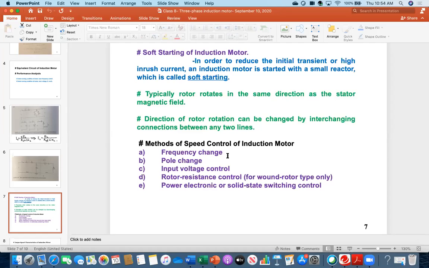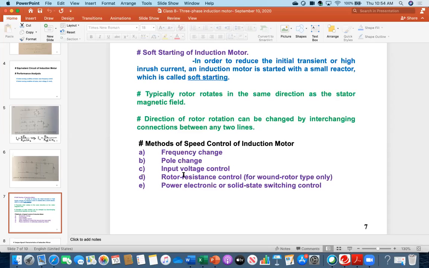In real practice, there are some options: you can change this amount of coil or that amount of coil, with some switching. Accordingly, your pole number will change. Pole number could be 4, 6, or 8, and accordingly the speed will change. Frequency change and pole change you can realize from that equation, ns = 120f/P.